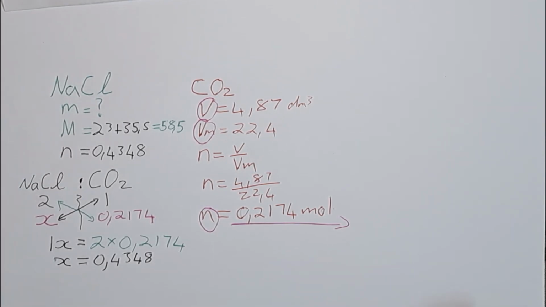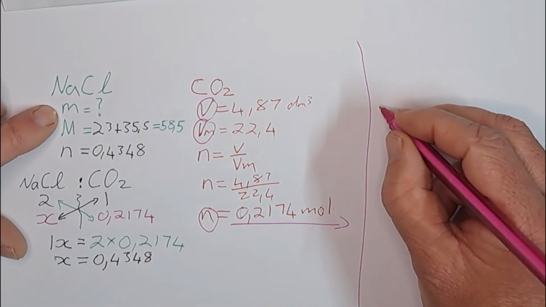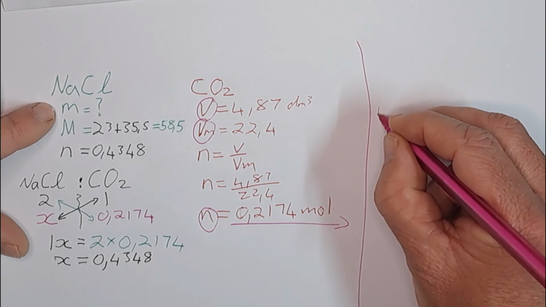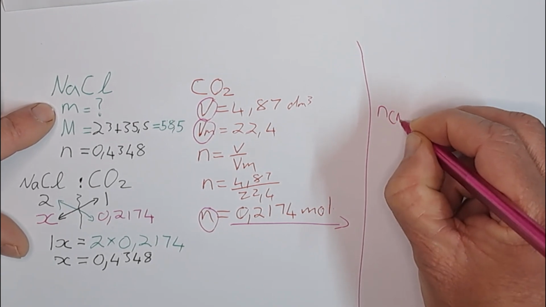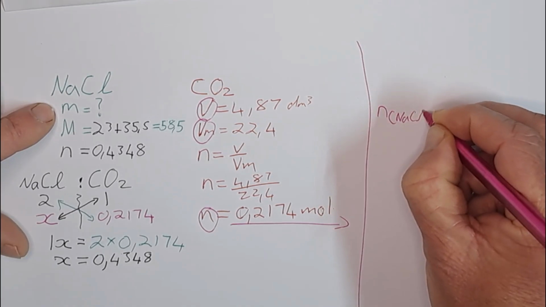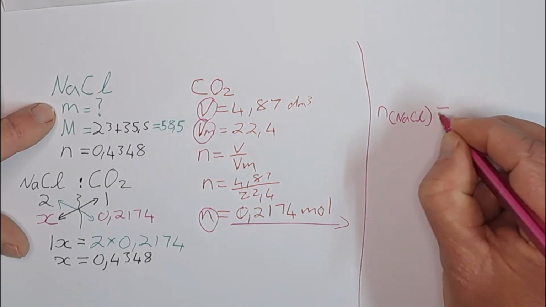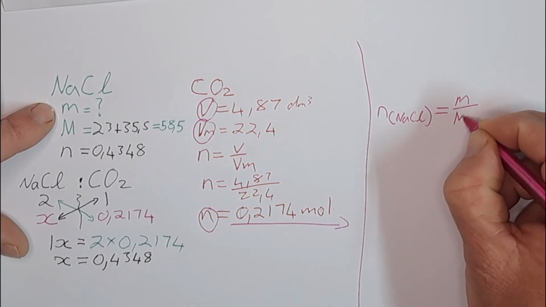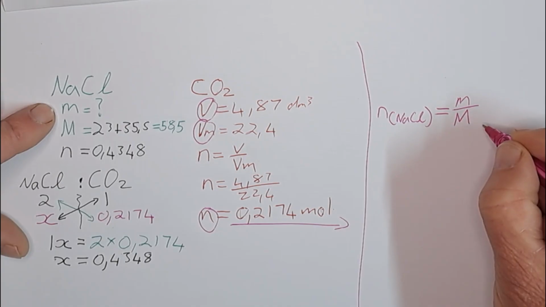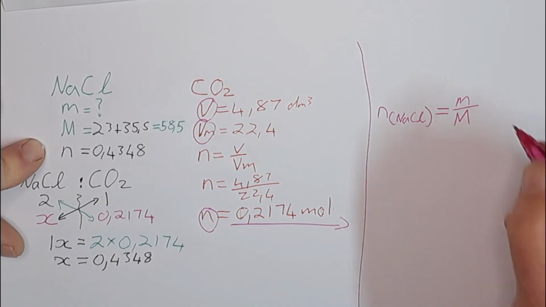This little formula should already be stuck in your head, but it's going to look like this. Let's draw a line. I'm going to calculate the mass of sodium chloride, and you'll see I keep the formula the same as on my formula sheet. Then I'm going to substitute first.